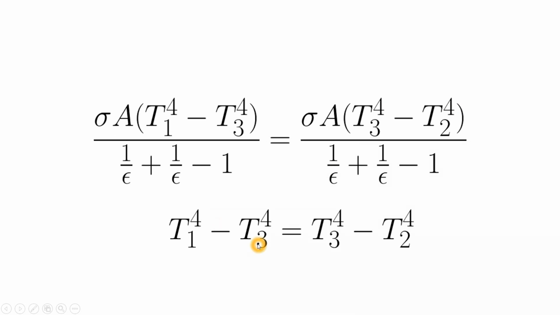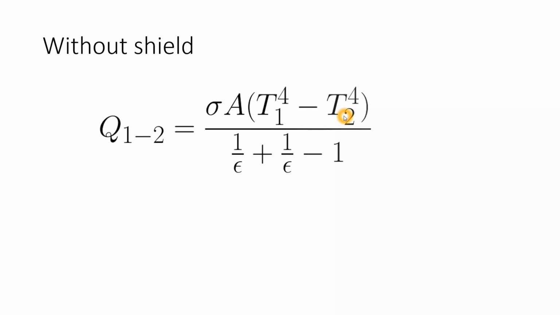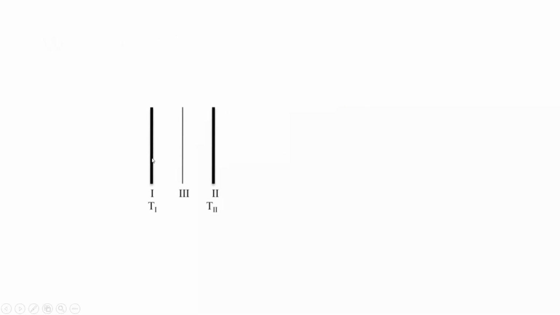From this I got T3 to the power 4 equal to (T1 to the power 4 plus T2 to the power 4) divided by 2. Now you can see what this shield is actually doing. The shield will be at a higher temperature than the second plate, so it will reduce the heat transfer because of the temperature difference.